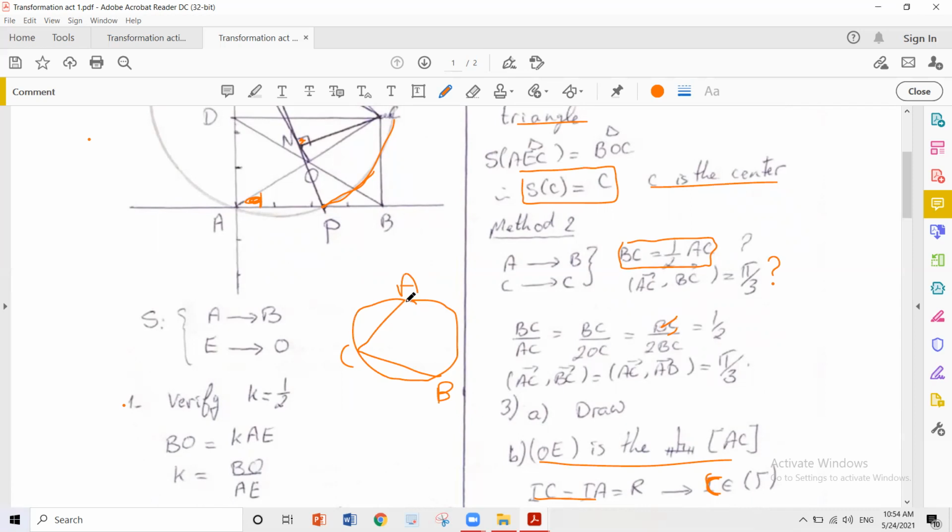If we take another angle, if we take this D, ACB equals ADB, or this angle equals that angle, they intercept the same arc.